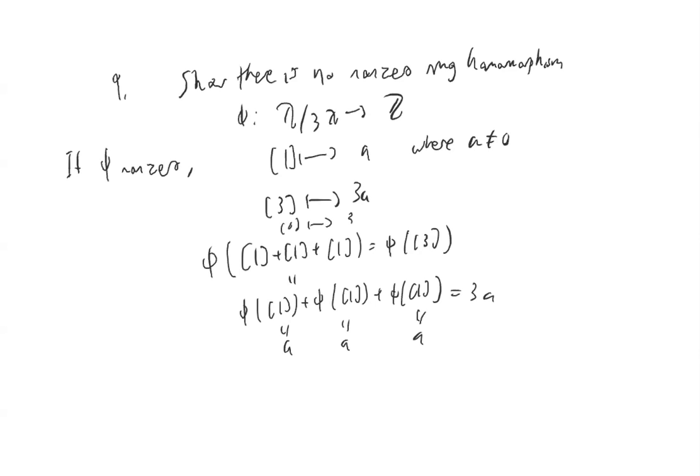But this can't happen, because if A is non-zero, 3A is non-zero, and in a ring homomorphism you must send 0 to 0. So it's not well defined. I mean, phi of 3 is an element in Z, so it's more that the map phi is not well defined.